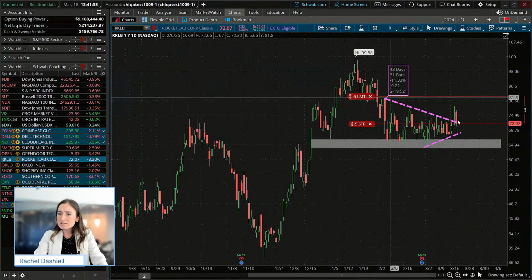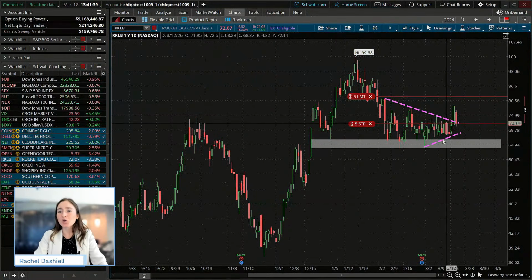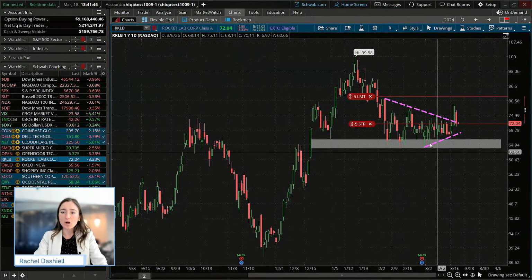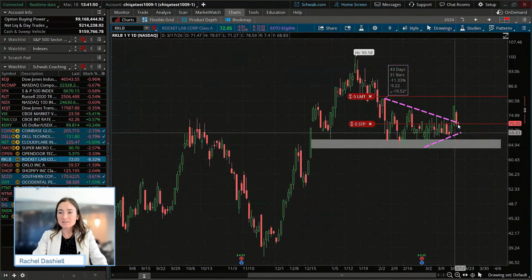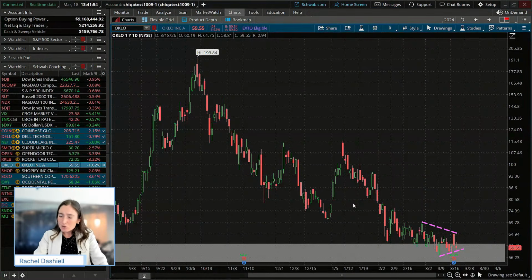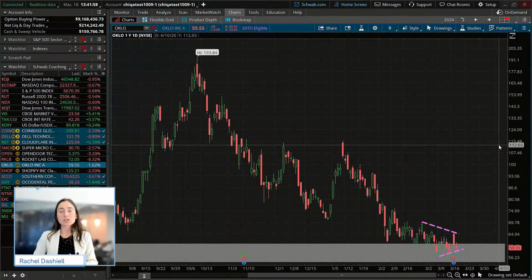Rocket Lab, we did see a big breakout yesterday of this triangle pattern. We're seeing a throwback to support there. My order that you're seeing there is from the long options class, but we are seeing support getting retested on this one as well. Oklo, same thing, another coil, another volatility compression happening right at a crucial level of long-term support as well.